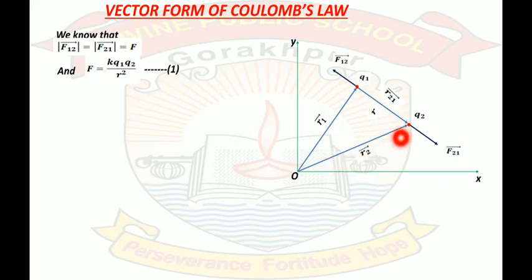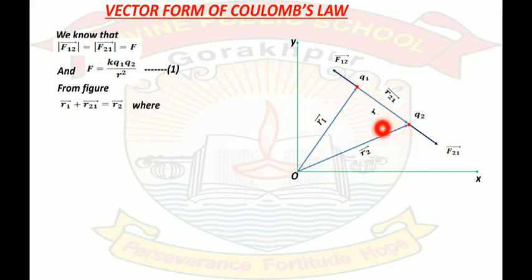So from the triangular law of vector addition, we can say that r1 vector plus r21 vector is equal to r2 vector, because these two vectors are in the same order, and this r2 vector is in opposite order.